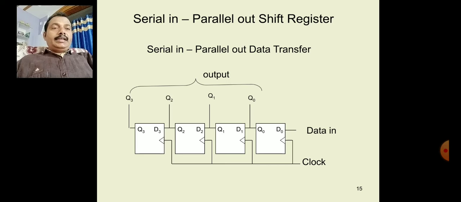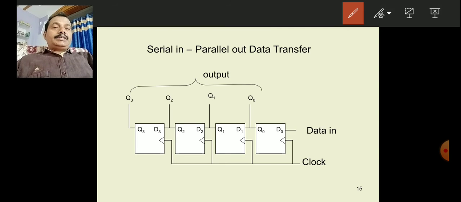So the serial in and parallel out, that means Q0, Q1, Q2, each flip-flop output is taken in parallel. That's all. The clock is applied simultaneously to all the flip-flops, and this first flip-flop takes the data input.